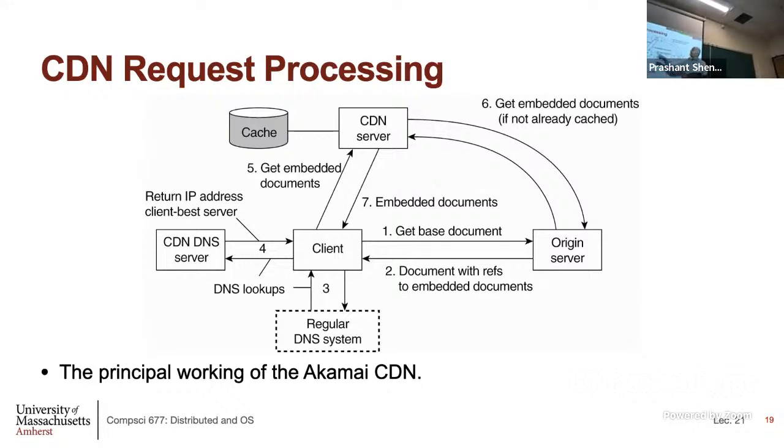And it will send you an IP address of a nearby server. If some other user tries to ask for that exact same web page, but that user is located elsewhere, the DNS server will give that client a different IP address, which will send that user's browser to a different cache. So this way, the DNS resolution is actually directing you to a nearby cache, and that is a special DNS server that the CDN uses. DNS, I hope you know what it means. DNS stands for domain name service.